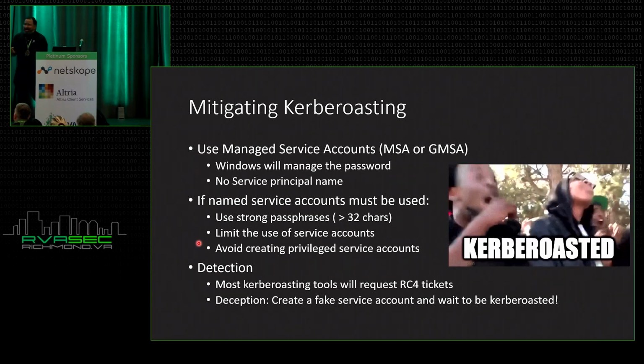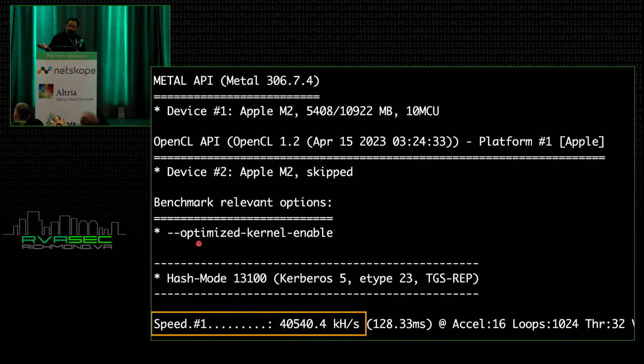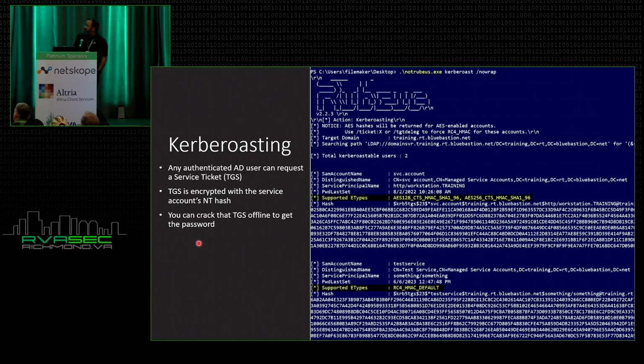And again, deception. If you recall, we have two types of tickets in here. One is AES encrypted for an account, for SVC account. The second one for test service is RC4 encrypted. Which one do you think you should be using in your environments? I'm waiting.